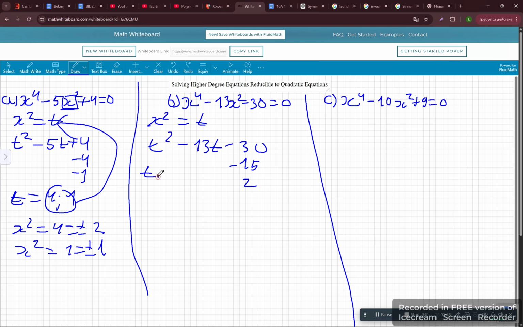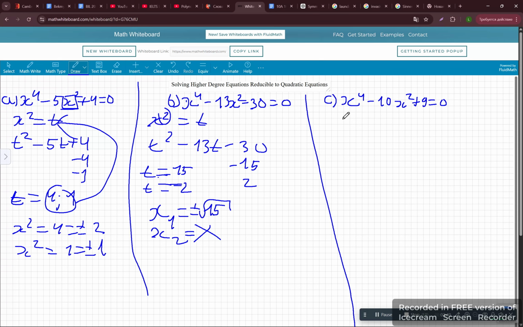So t equal to 15 and the second is equal to minus 2. x1 is equal to plus or minus square root of 15, and the second is undefined, I guess, because how can an answer be a square root of a negative number. So this is identified as undefined.